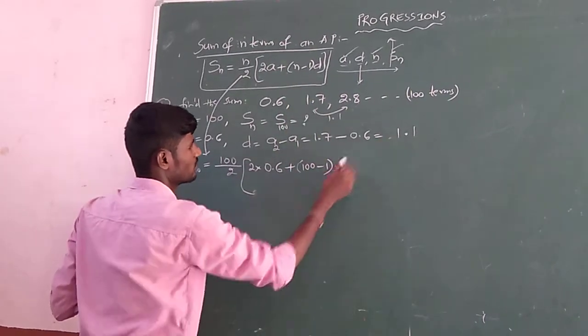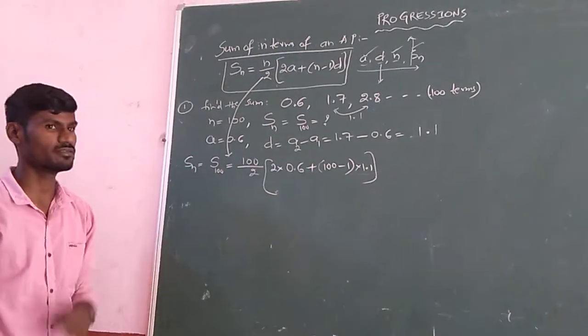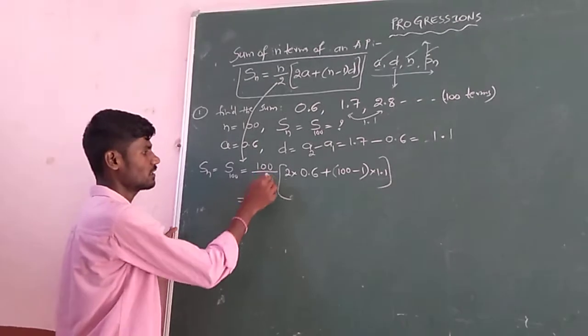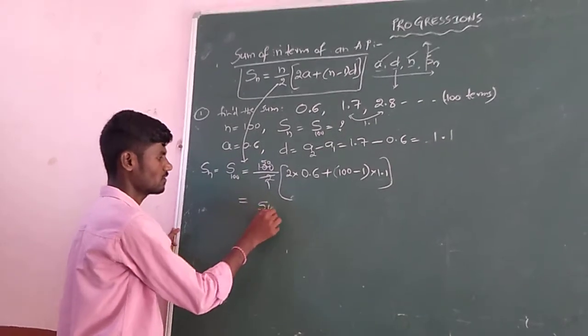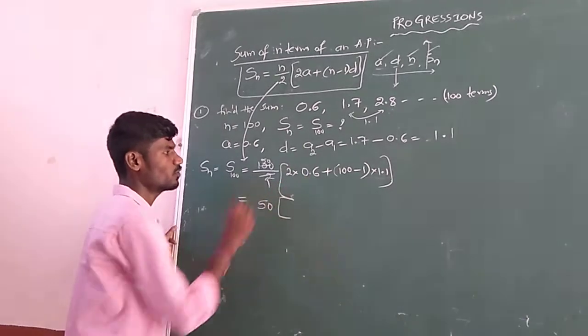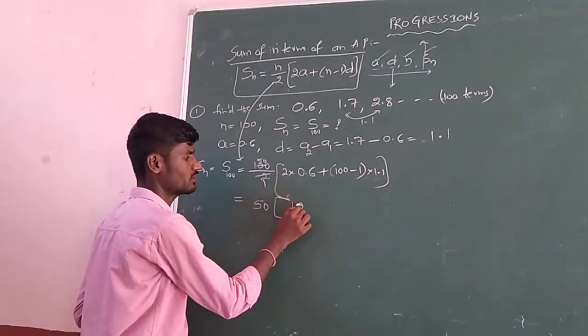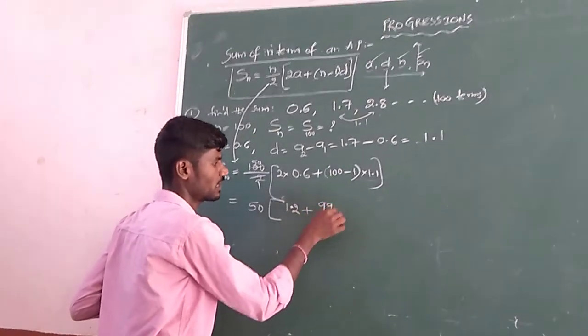D is 1.1. Now if we simplify, we will get the sum of this AP up to 100 terms. 100 by 2 is 50, into 2 into 0.6. 2 sixes are 12, with one decimal point, so 1.2 directly. Then 100 minus 1 is 99, into 1.1.